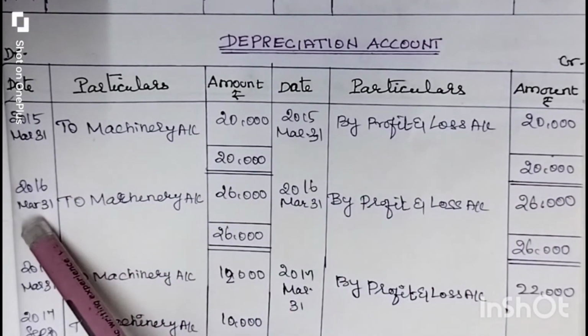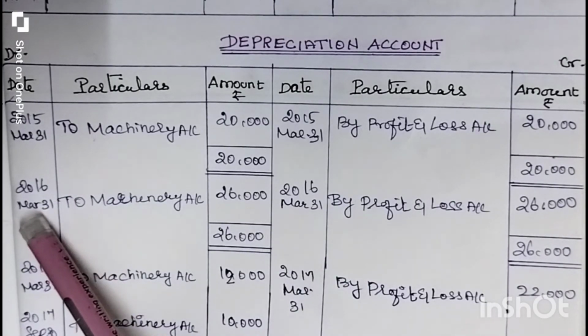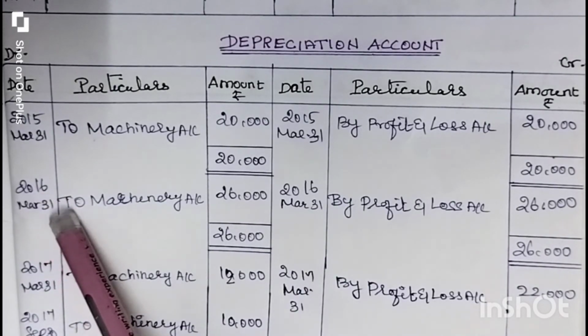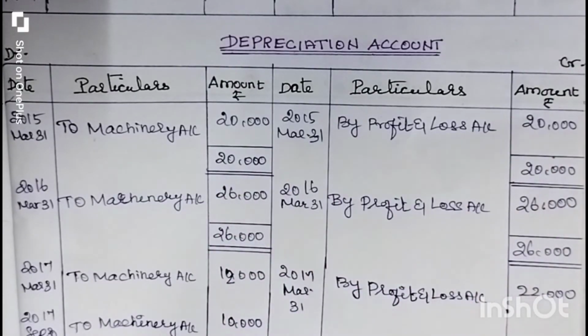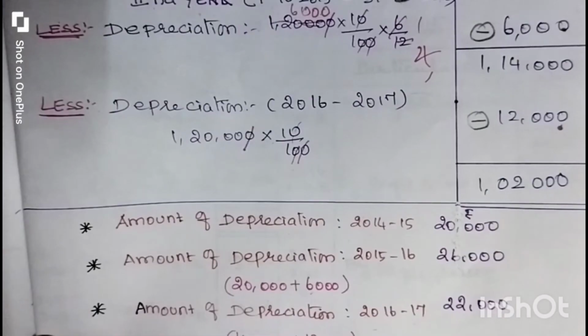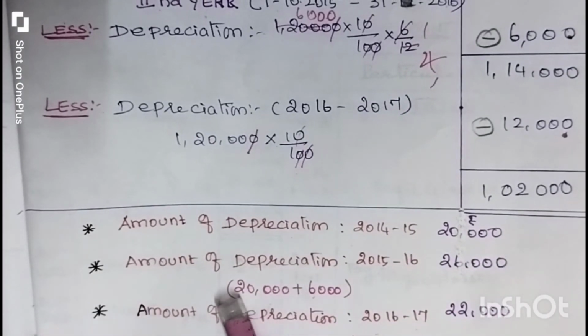For the next year, at the end of the year they provide the depreciation, right? So on March 31st 2016, to machinery account, how many rupees? 26,000 rupees. How do you get 26,000 rupees? For machinery 1, you get the depreciation value of 2015 to 16, 20,000 rupees.